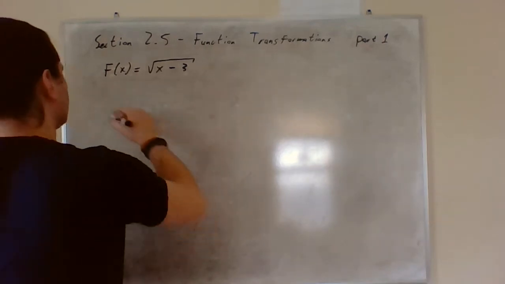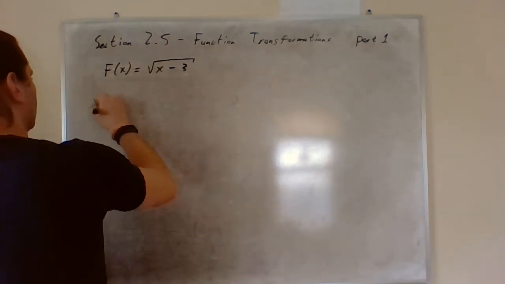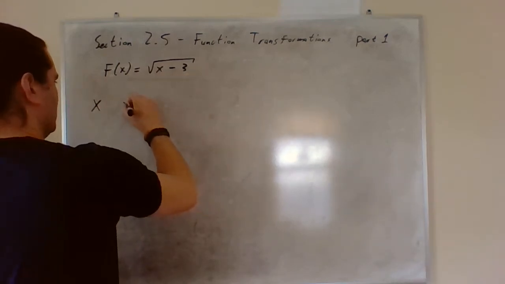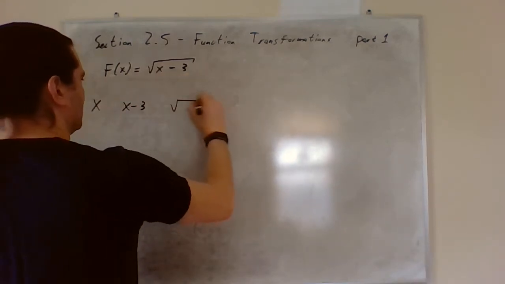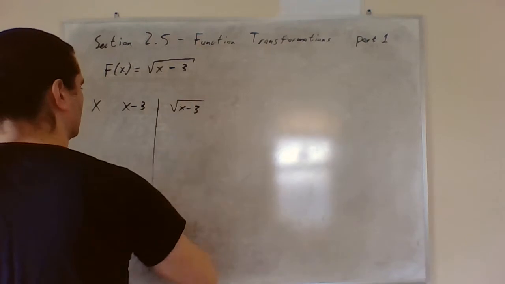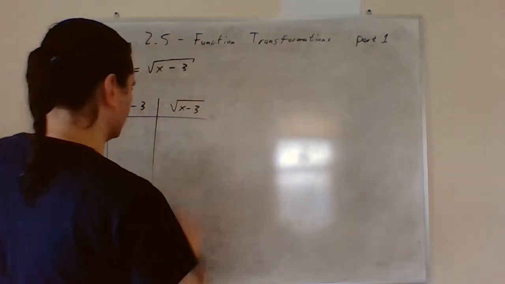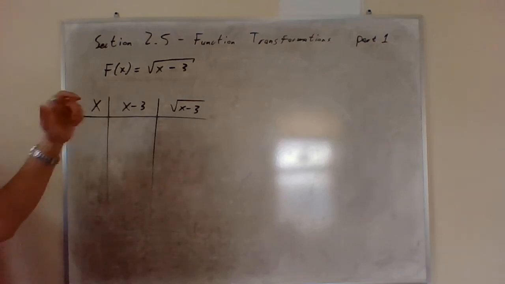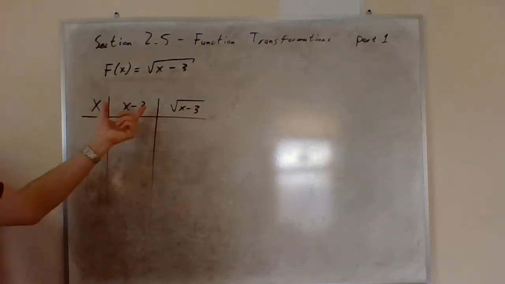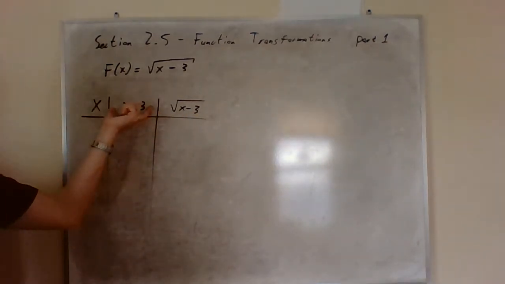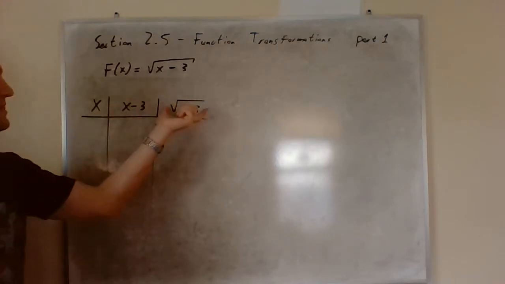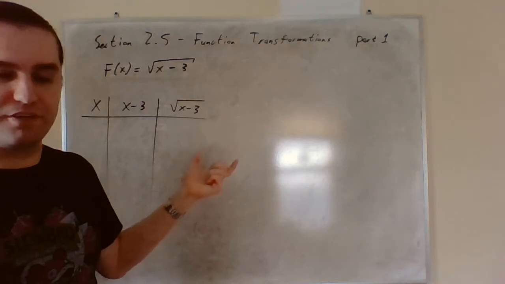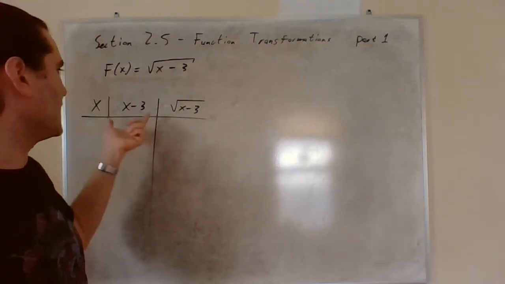So for this, I'm going to make another table, but this time I'm going to put the extra column of the table in the middle. So I still have a 3-column table. But the transformation happens in the second column, and then the function happens in the third column, which is a little different than the last table we had.